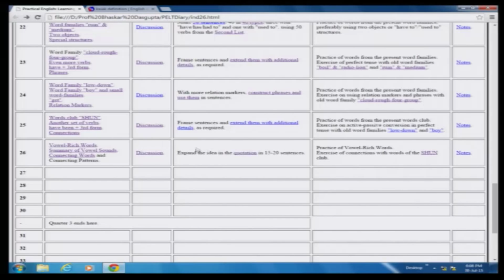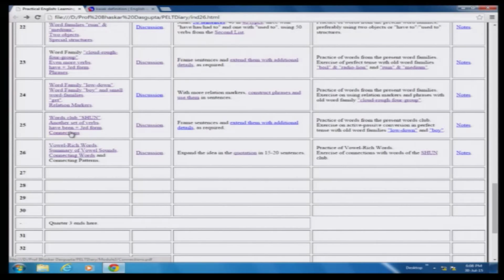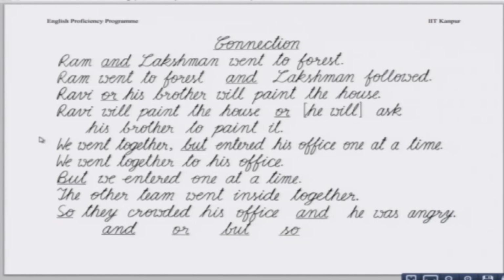We continue with another little exercise with words taken from here, but what we will practice upon in this is connections. Okay. So, you people will basically give examples of connections with the help of and, or, but, so, or many other things.